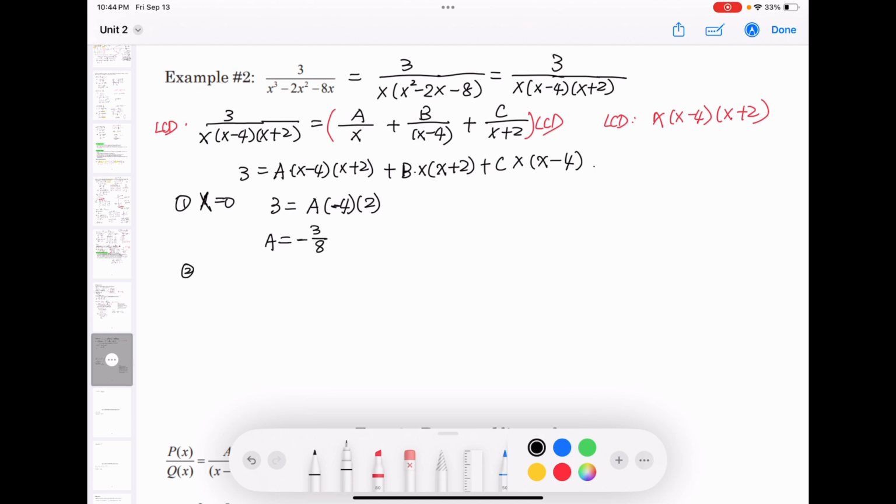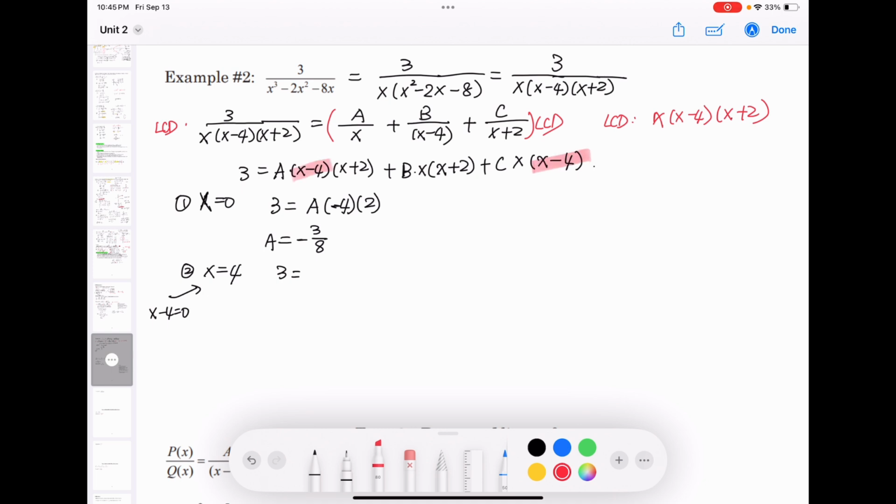Second, I can let the second denominator, x minus 4, be equal to 0. So x is equal to positive 4. You must know how we found x is equal to 4: x minus 4 is equal to 0. So 3 is equal to, which part is 0? Here and here.